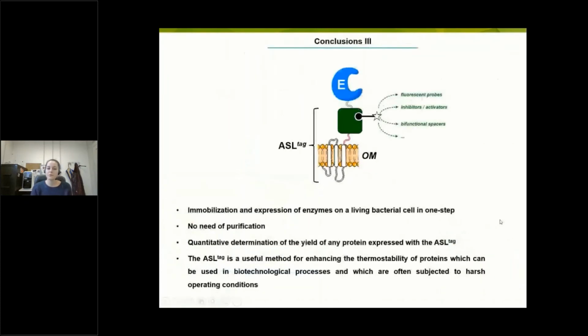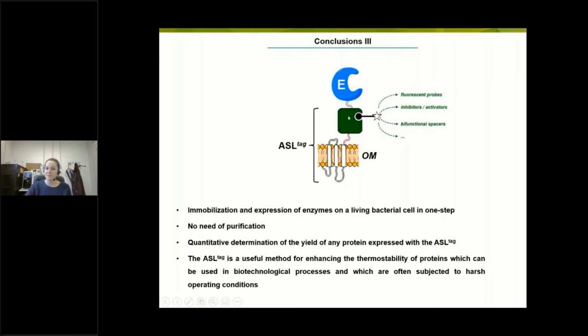So this approach is very powerful to immobilize and express enzymes of interest directly on living bacteria without needing enzyme purification. And thanks to the fluorescent assay available for the H5 moiety, we can follow the expression and localization, and also obtain a quantitative determination of the yield of the protein of interest fused to the ASL tag.